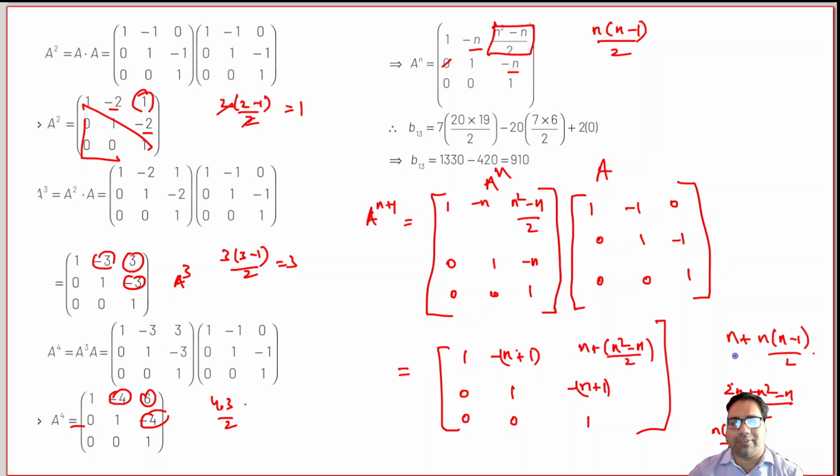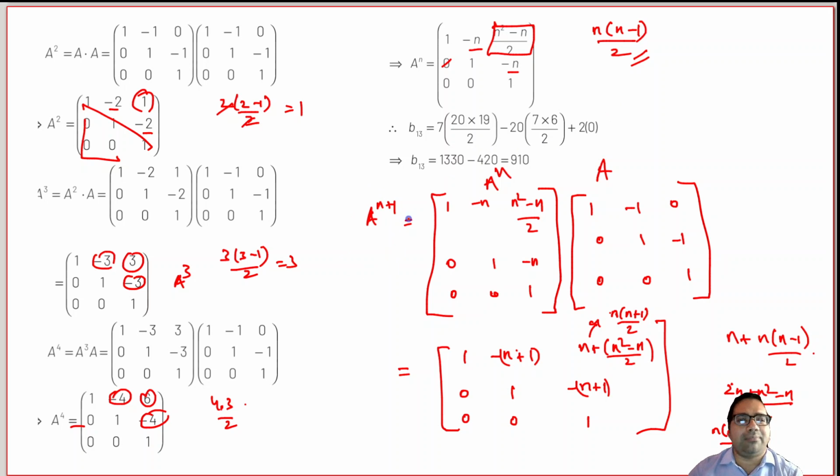If you simplify this, n plus n into n minus 1 by 2 is nothing but 2n plus n square minus n by 2, which is nothing but n into n plus 1 by 2. So this element is n into n plus 1 by 2. So obviously, that means n plus 1 into n plus 1 minus 1, this n is n plus 1 minus 1, which is our regular format which we have stated.